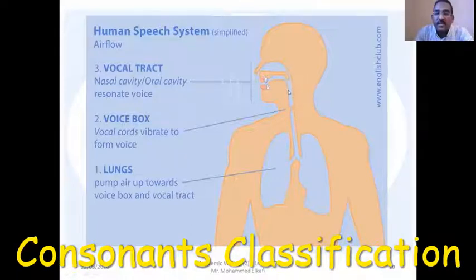And also we can see the vocal tract, which includes two important cavities, or two important tracts. The first one is the oral cavity, and the second one is the nasal cavity.